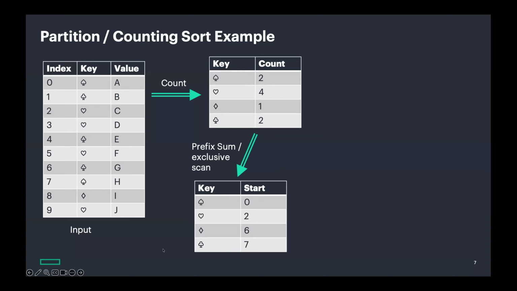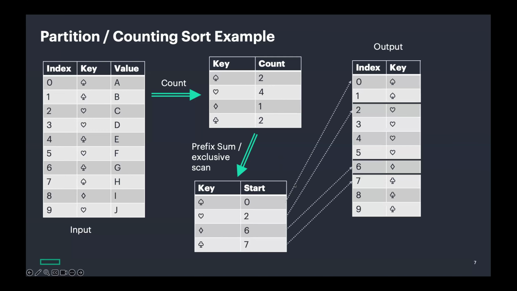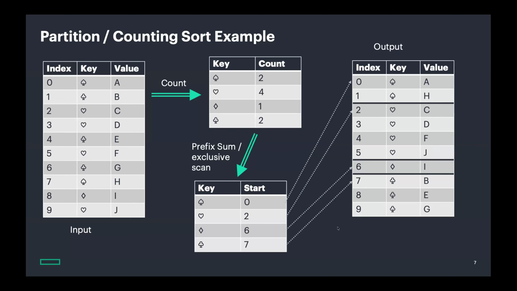So that's why 6 is here. That's all it's doing. So that gives us the offset into the output array for each section. And then we can go through the input and distribute each of these into the appropriate section while incrementing the current pointer in the section while we're doing that.